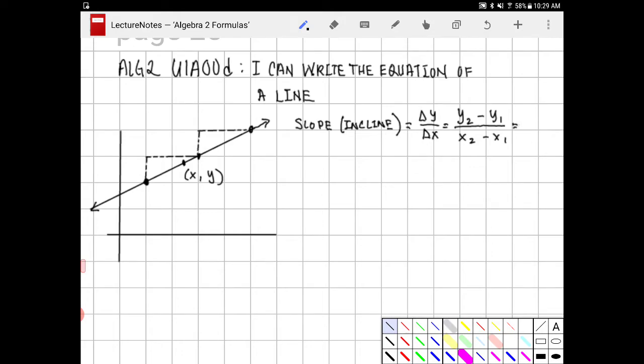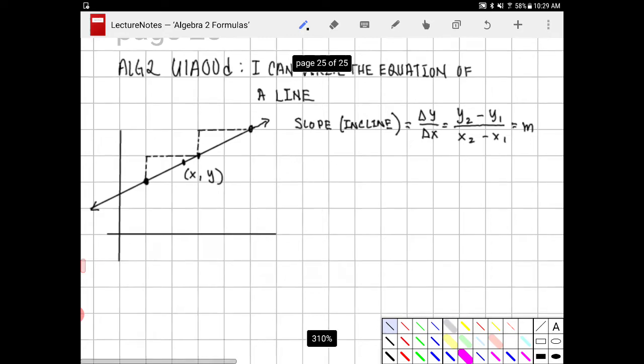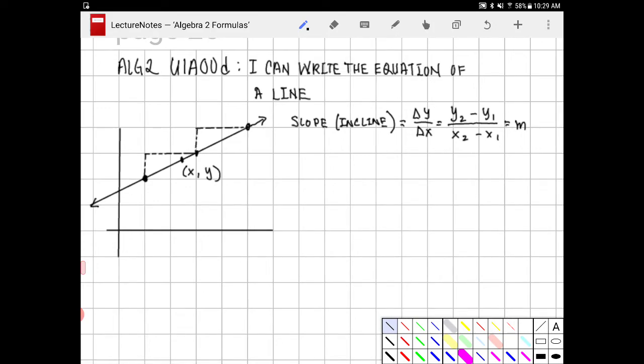Typically, the letter used to describe the slope is the letter m. I don't know why, but that's typically the letter that's used to represent the slope of a line. A couple of things that you should be aware of involving this is you can have slopes of different values.